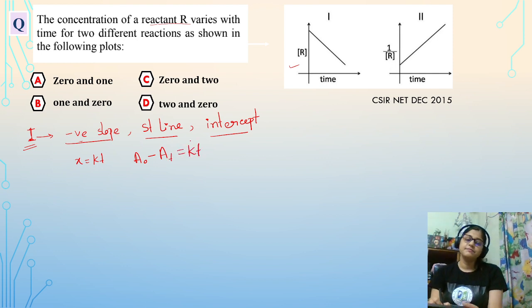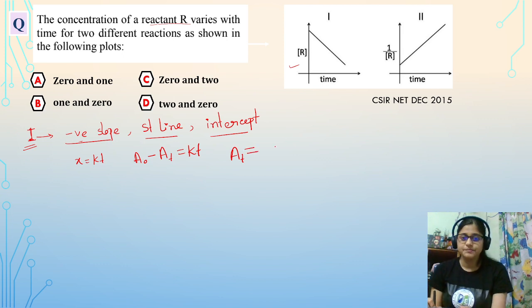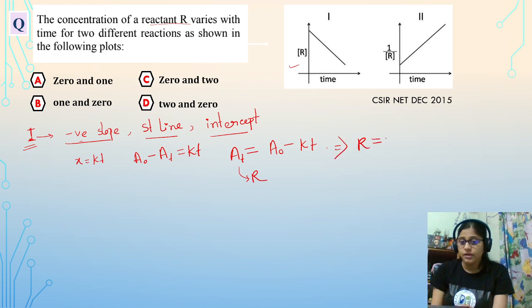So AT will be equal to A0 minus KT, and here AT is like R. So it will be R equal to R0 minus K into T. If we plot R versus T, it has a negative slope.